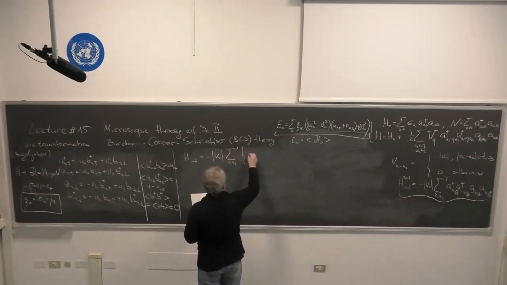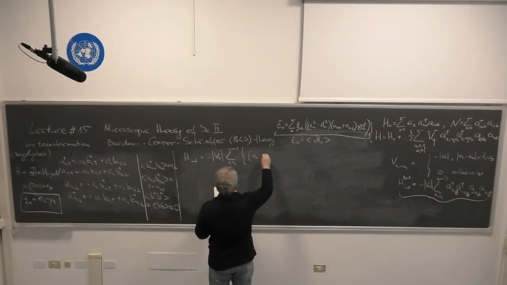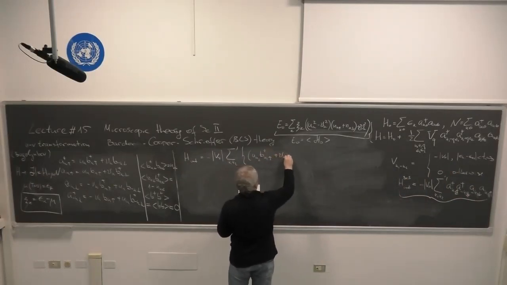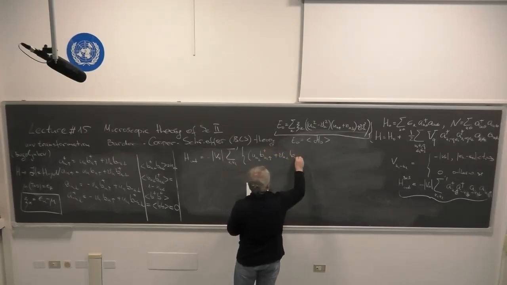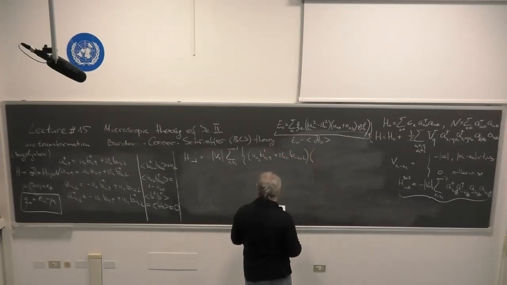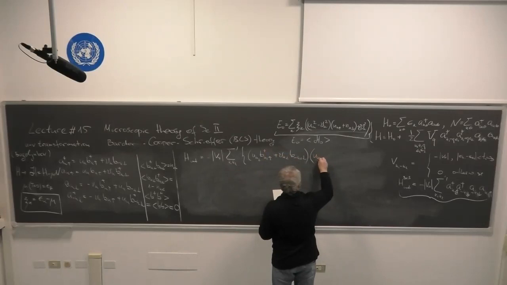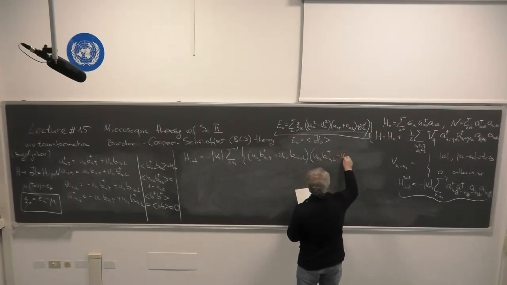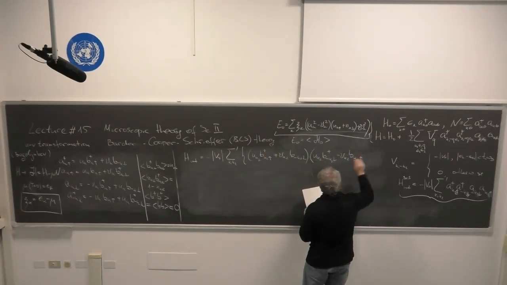First of all, I open the brackets. U_k2 B_k2 up dagger plus V_k2 B_minus k2 down, times U_k2 B_minus k2 down dagger minus V_k2 B_k2 up.